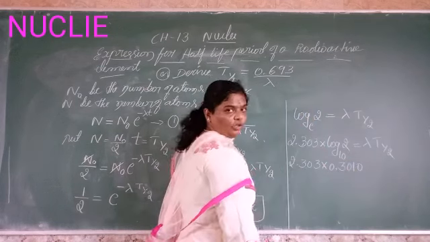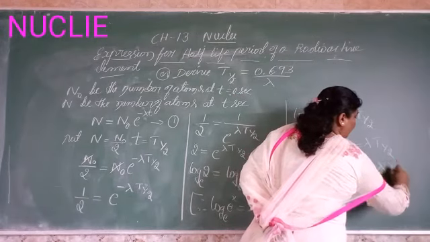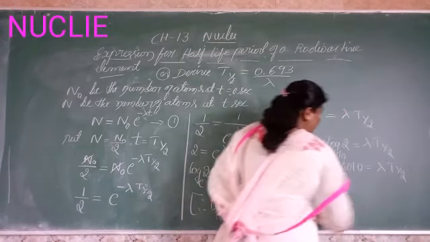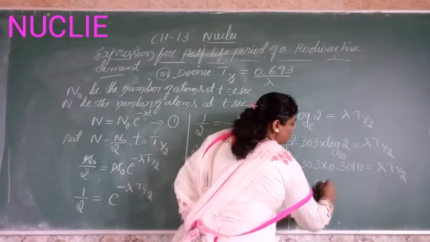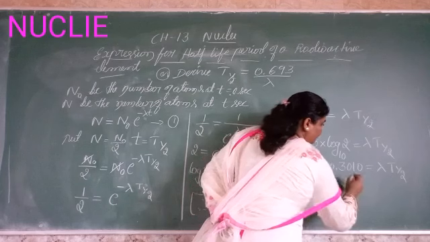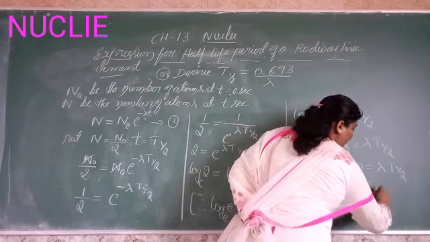The value of log 2 base 10 is 0.3010. So 2.303 into 0.3010 is equal to lambda T half. Multiplying these, we get 0.693 is equal to lambda into T half.